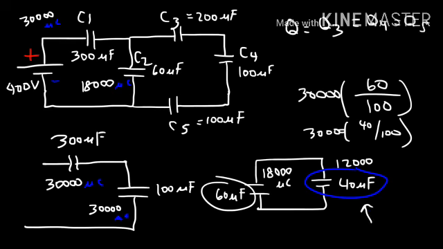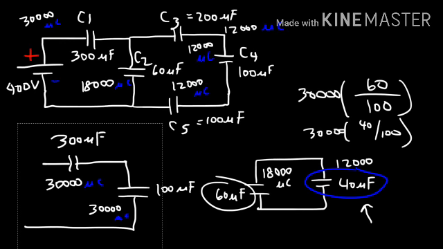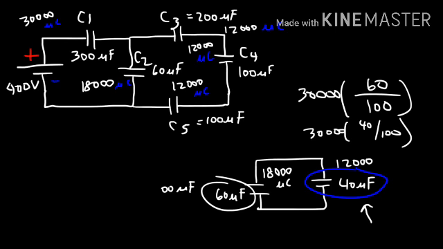And this is Q. So each of those other capacitors in series with each other has the same charge of, I mean, not 18,000, but 12,000 microcoulombs. So now we have the charge on every capacitor. So we can calculate the voltage across each capacitor.